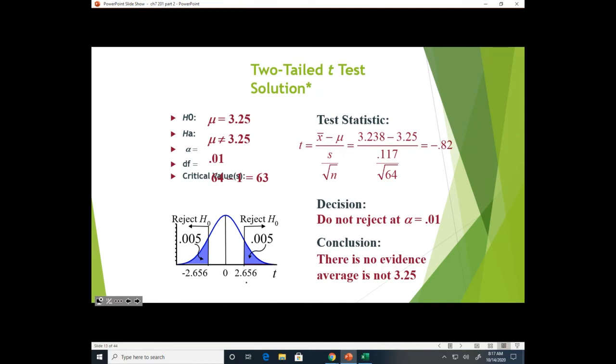We get plus or minus 2.656. We calculate our t statistic, and we got 0.82, which does not exceed 2.65. So we do not reject at alpha 0.01. There is insufficient evidence to reject the null hypothesis, or we fail to reject the null hypothesis.